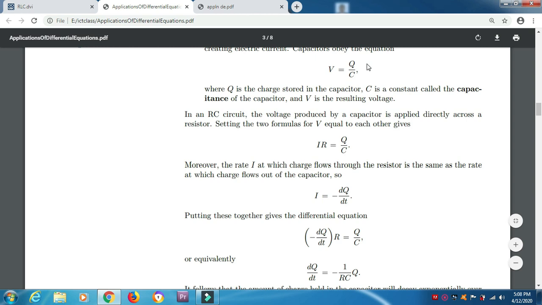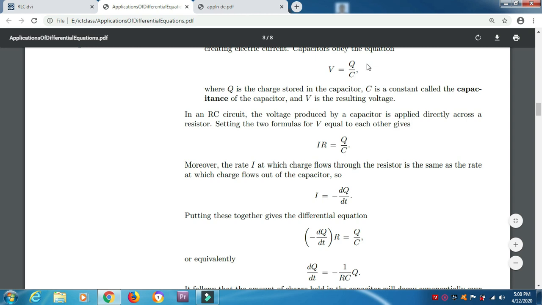So out of the capacitor, we put the negative sign. Then substitute the value of I in the above equation. We have dQ by dt equal to minus 1 by RC into Q.